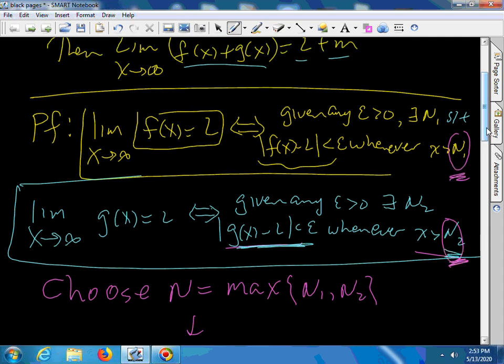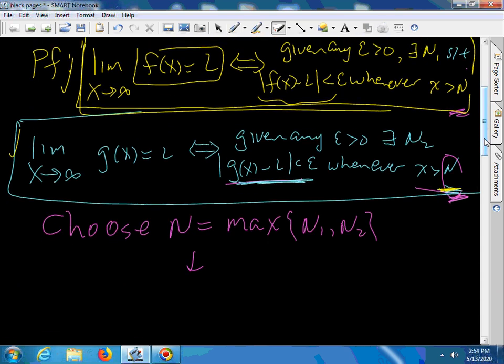Down here, I am going to write what's in yellow, with one exception: I'm going to say that x just has to be bigger than n. And underneath that, I'm going to write down what's in blue, with one exception. Instead of x is bigger than n2, I'm just going to say x is bigger than n. To save time, I'm not going to rewrite those two statements. But in the proof, it should be written, and you better say that n is the max.